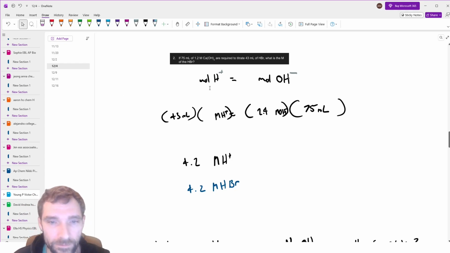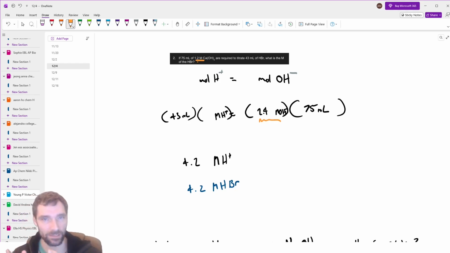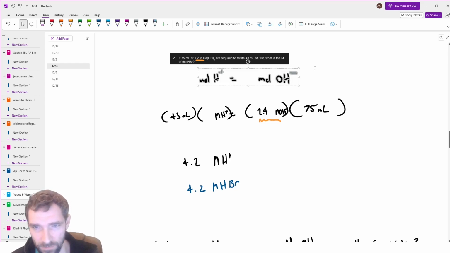Because we have this calcium hydroxide value of 0.12, if you multiply that by 2, you'd get the amount of OH minus, because each one of those molecules will make 2 molecules worth of OH minus. So it's kind of like you're having to do a little bit of math to appropriately account for the amount of OH minus that are present in the calcium hydroxide. So it really is ultimately this H plus and OH minus that are canceling out.